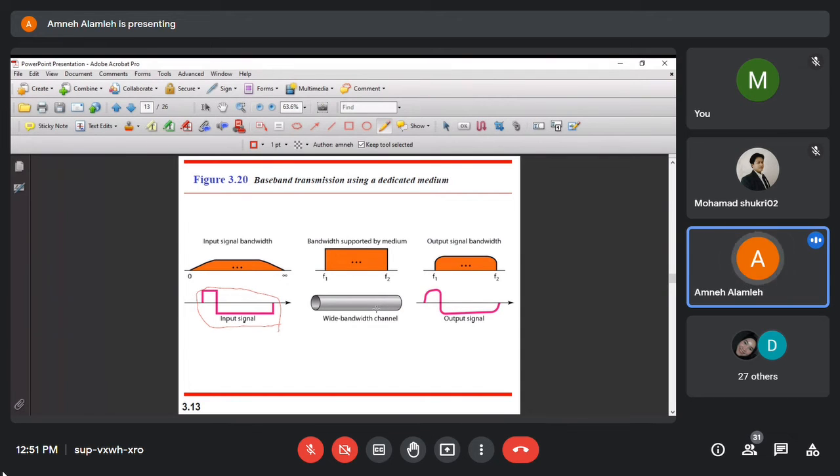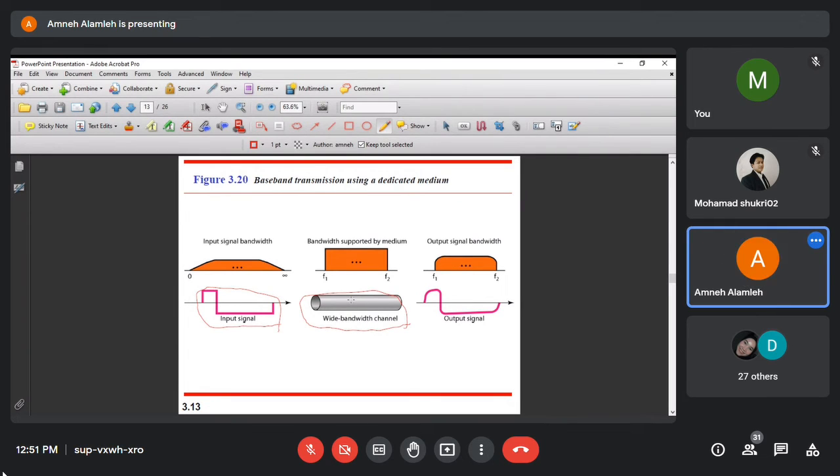It's like unlimited. So this channel is a wide bandwidth channel that can transmit the digital signals without conversion.